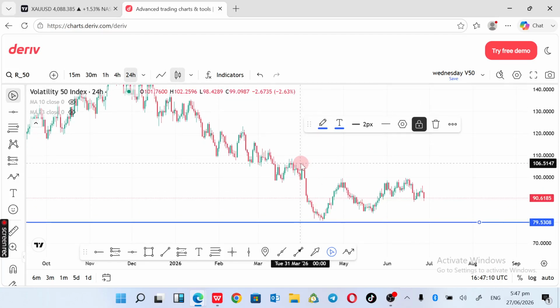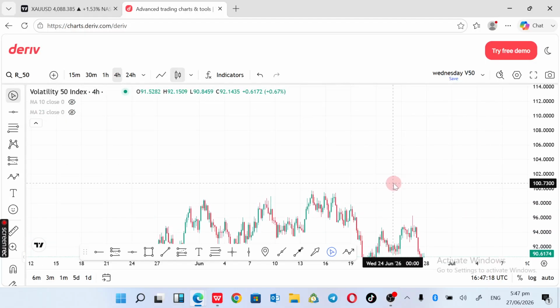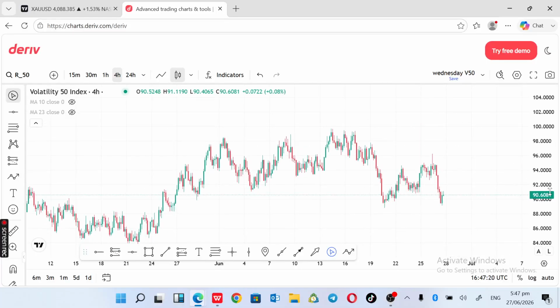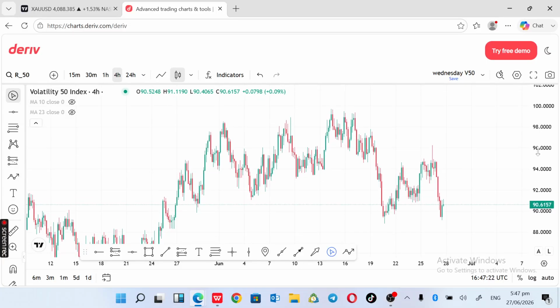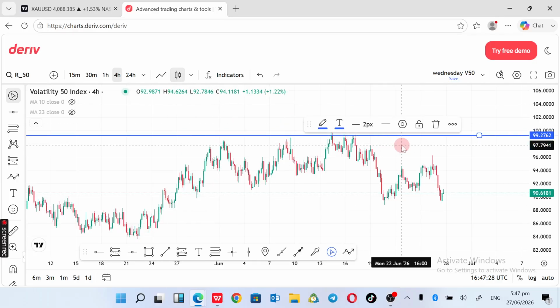Now let's look at 4 hours. The overall direction is still a sell. Still a sell. So we have this structure base, internal resistance.